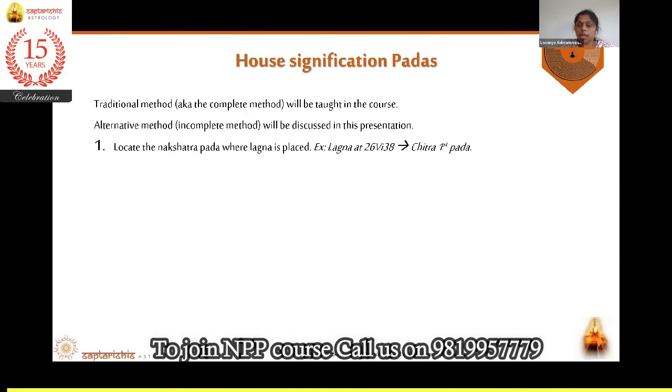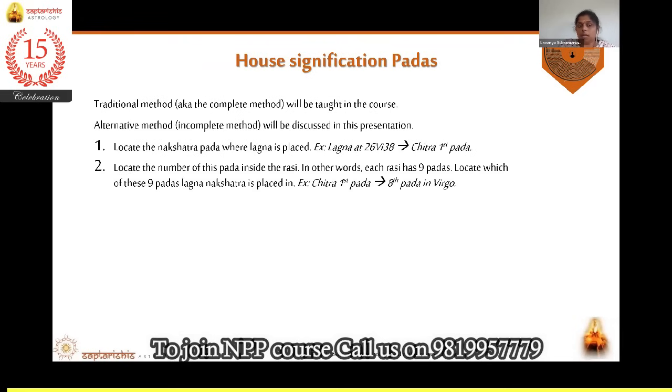Here I am taking an example of a lagna that is placed in 26 degree Virgo 38 minutes, which is the Chitra Nakshatra first pada. Now you need to locate the number of this pada inside the Rashi.